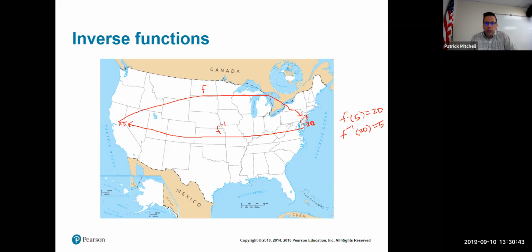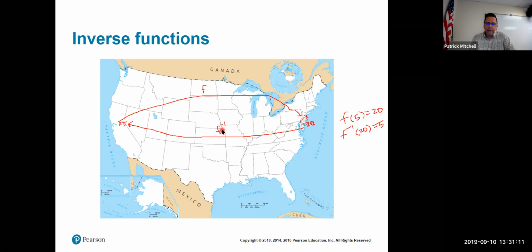So the idea here, I'm going to warm you up for the official definition, is that the original function took me from 5 to 20, and the inverse function took me from 20 back to 5. And so if I took the composition of these two functions, really either way, but I'll start with f inverse circle f.